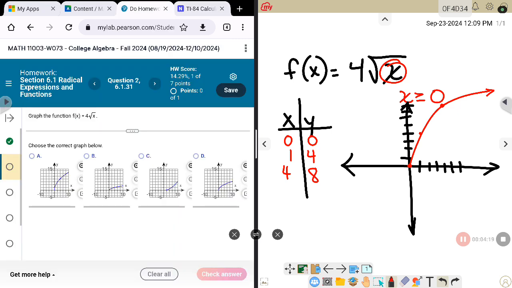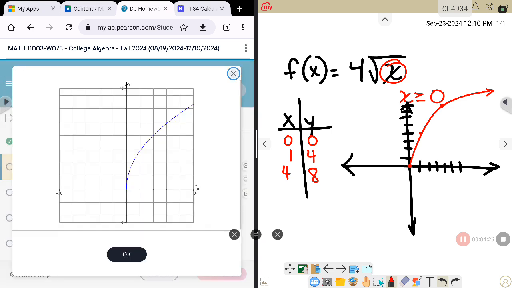So when you're looking at these, you'll notice what I like to do. Let's look at this one. You'll notice that the scale, if the right end of the x-axis is showing as a 10, that means that each one of those lines is going by 2s, 2, 4, 6, 8, 10. So make sure there's a point at 0, 0, and then a point at 1, 4.